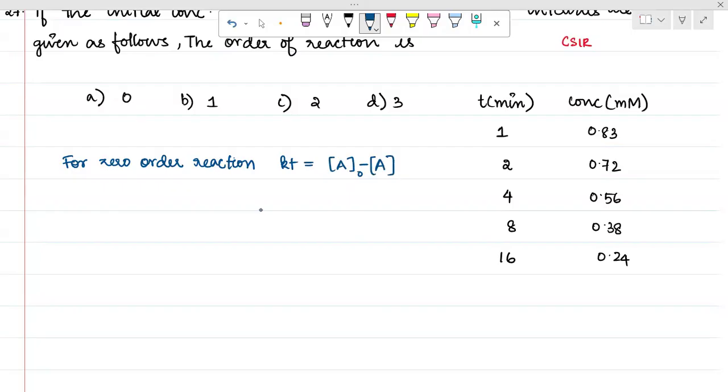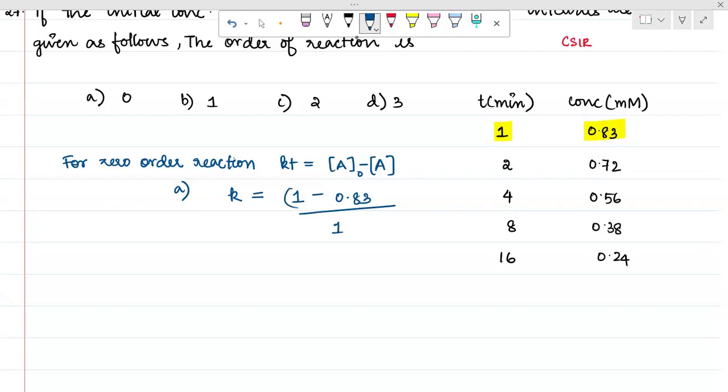So let's say that initially we take A at 1 minute. So we don't know the rate constant. This is equal to initial concentration is 1 millimolar minus the concentration that we are taking at 1 minute, which is 0.83, divided by time, 1 minute.